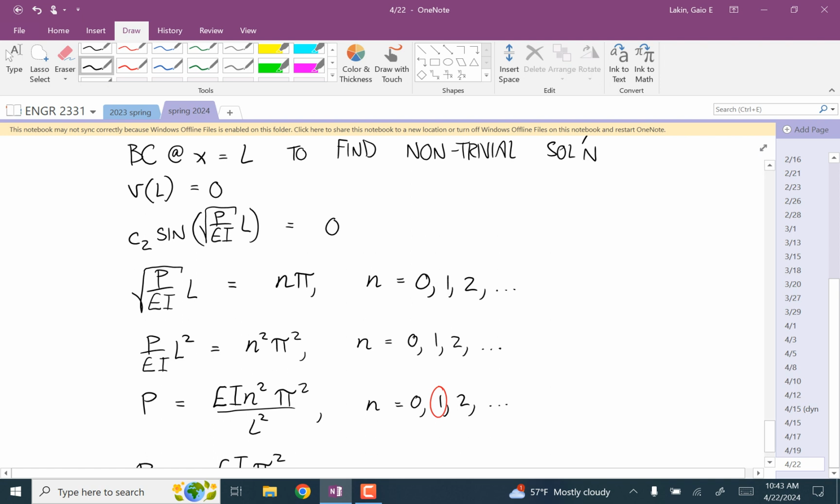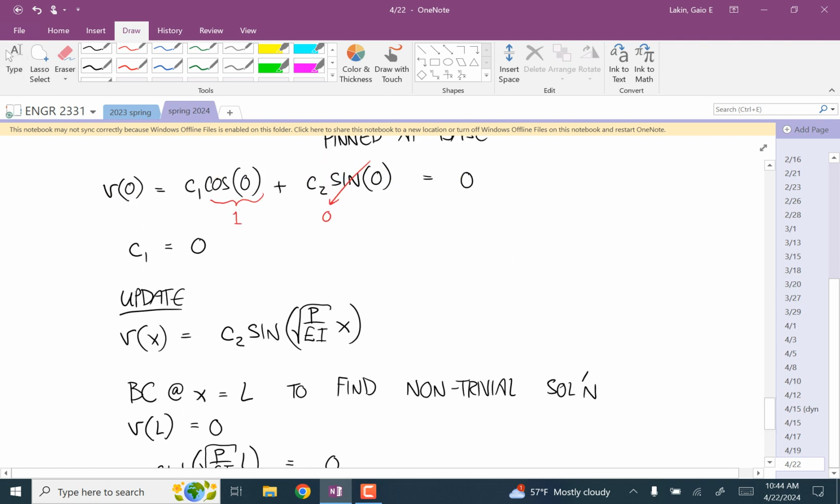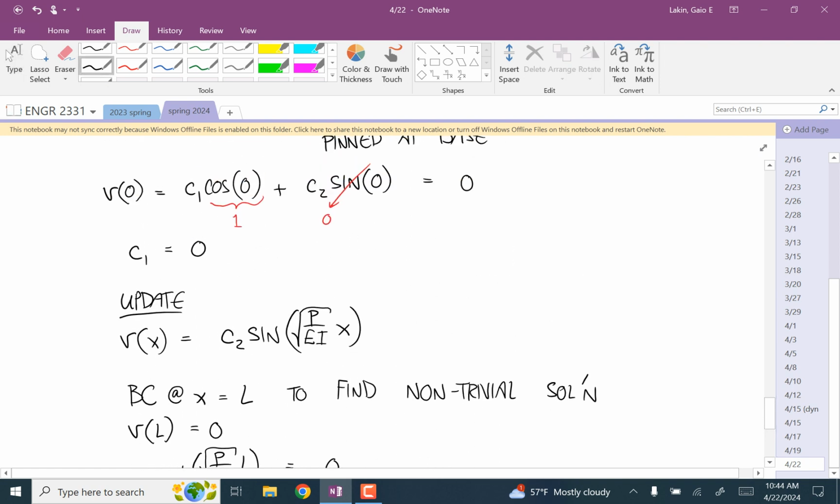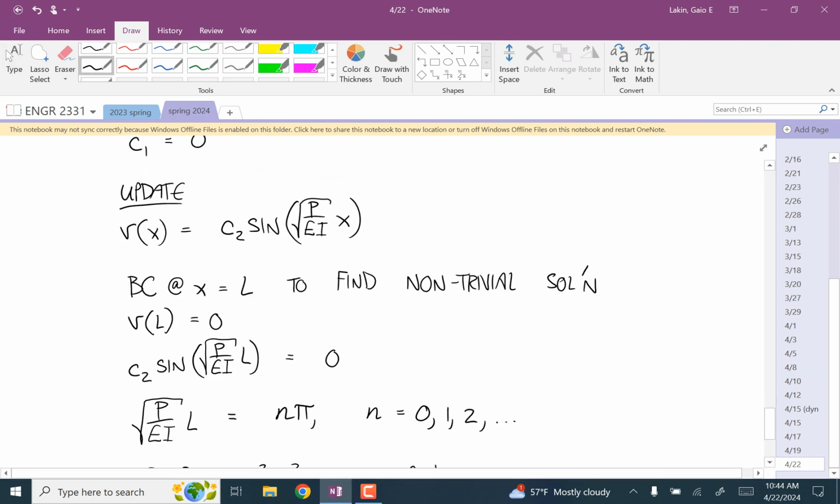Well, C2 being 0 would make this equal to 0, but that doesn't work for us. That's a trivial solution because that would make our total deflection function 0. We're not looking for that one. And so the only other way you can make this deflection expression equal to 0 is to make the sine term equal to 0, and you do that with the arguments of the sine.